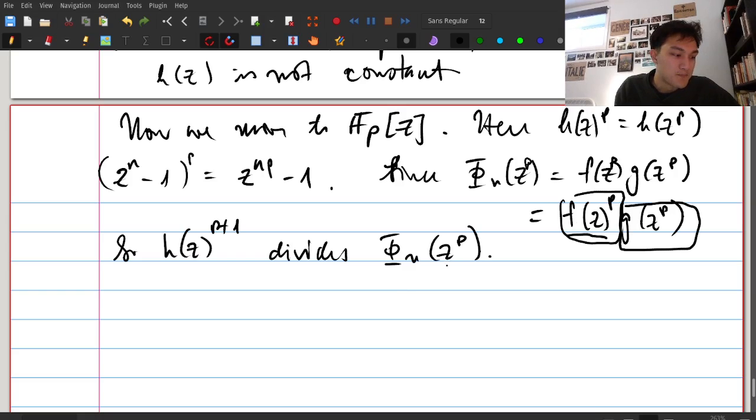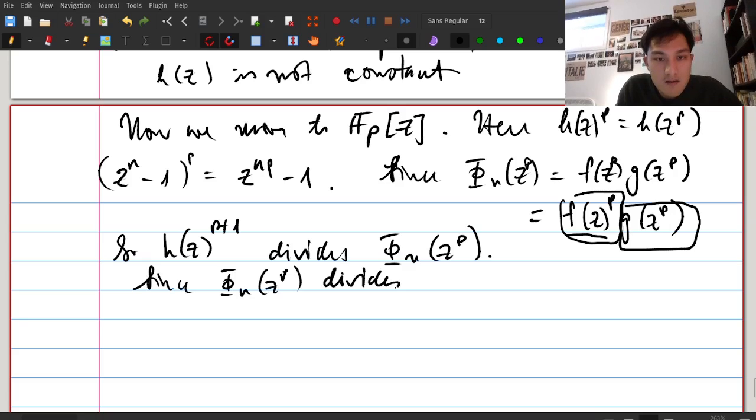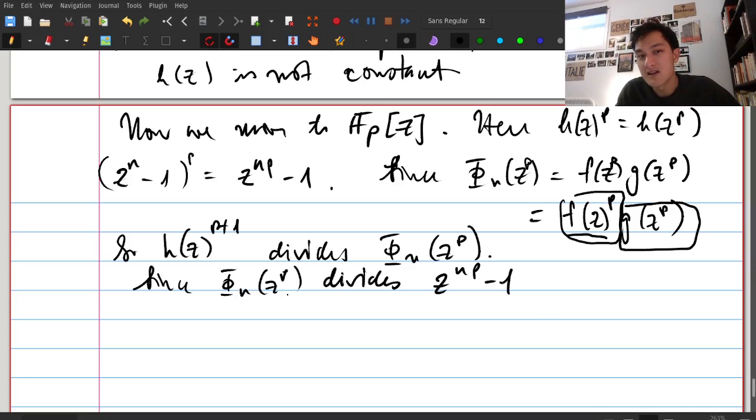Now, since phi n z to the p divides z to the n minus 1, because remember phi n of z is a product of z minus omega for all the primitive roots of unity. Z to the n minus 1 is a product over all the nth roots of unity, primitive or otherwise.